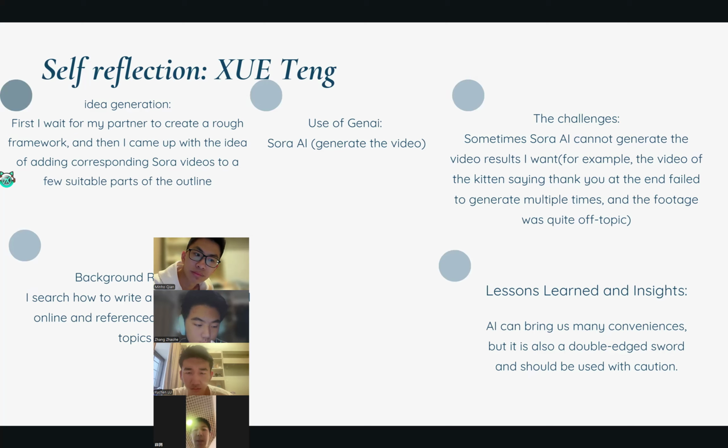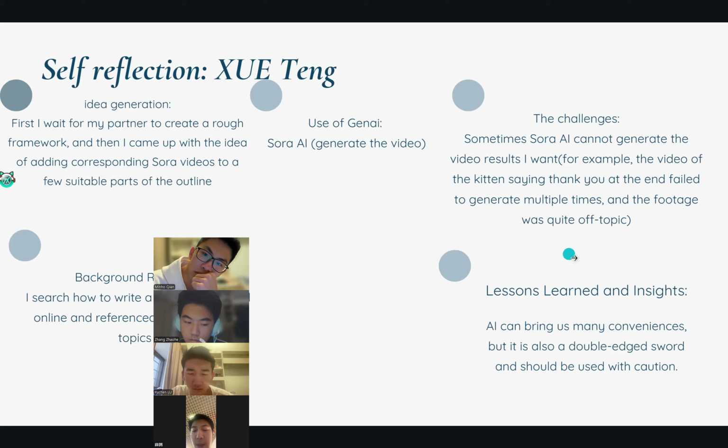But here I also meet some challenges. Sometimes Sora AI cannot generate the video results I want. For example, at the end of the video, I wanted a video where the kitty says thank you, but it often failed to generate it multiple times, and the footage was quite off topic.